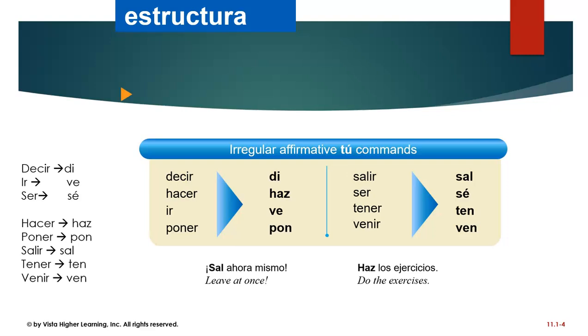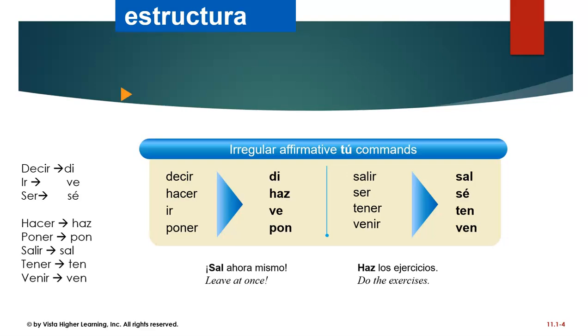And then the other ones, for the most part, we're just taking off the er or ir endings. With the exception of hacer, because we don't want to end up with ac, the C is going to change to a Z. So haz, pon, sal, ten, ven. So if you want to say something like, leave at once, sal ahora mismo, do the exercises, haz los ejercicios.